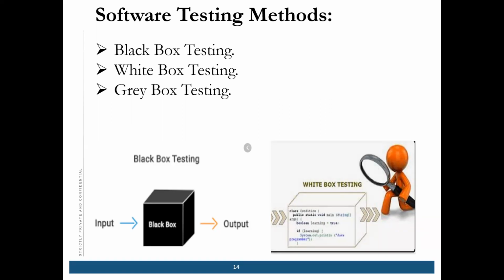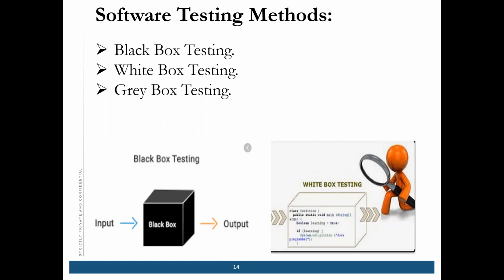Okay. The next is white box testing. White box testing is also called glass testing. Why? Because it's like a glass where you can see through it. As the name says, you can see through it. This type of testing technique deals with testing the internal structure, the logic design, or the implementation of different modules.